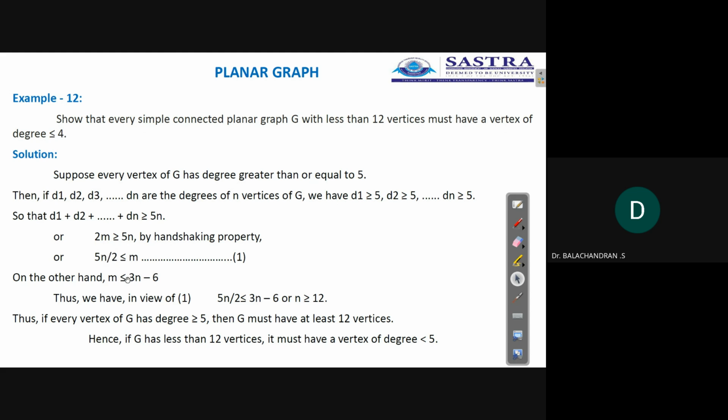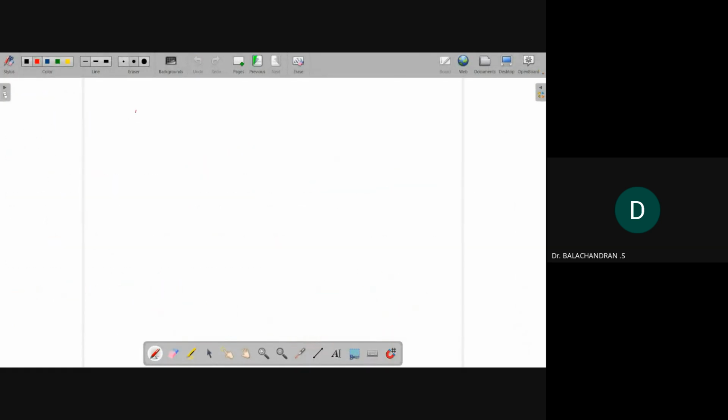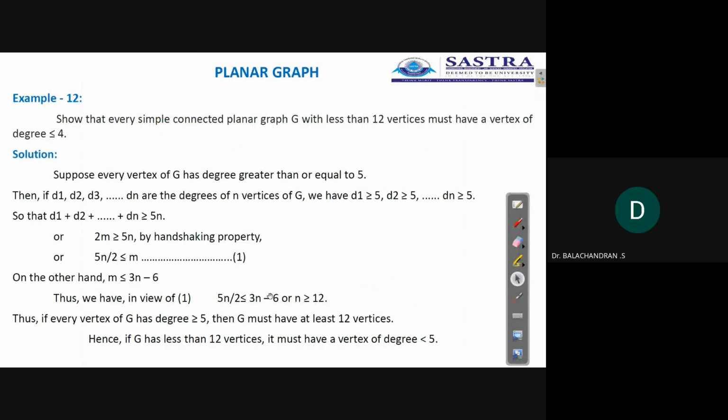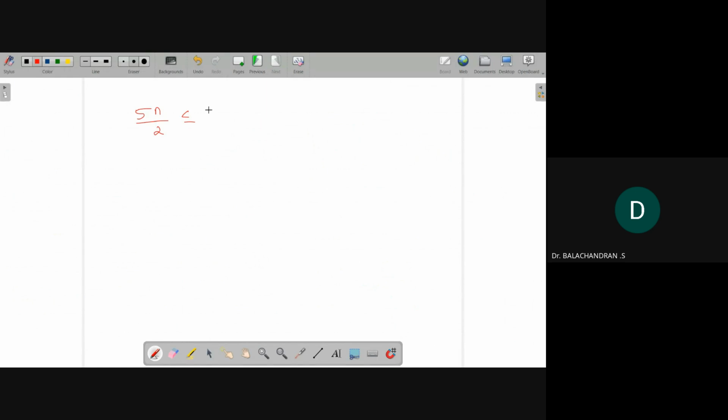So 5n/2 is less than or equal to 3n minus 6, or 5n is less than or equal to 6n minus 12, or 12 is less than or equal to n. So this implies the number of vertices is at least 12, which is a contradiction.